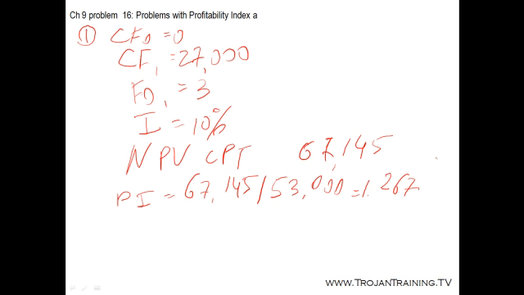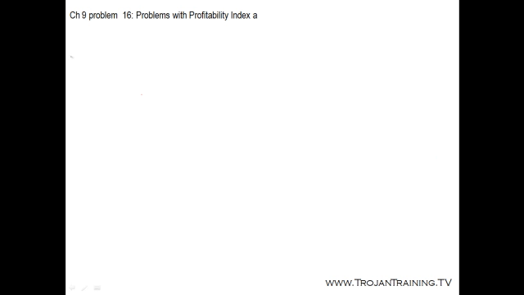We do a similar calculation for project 2. Project 2 will have cash flow in year 0 of 0.